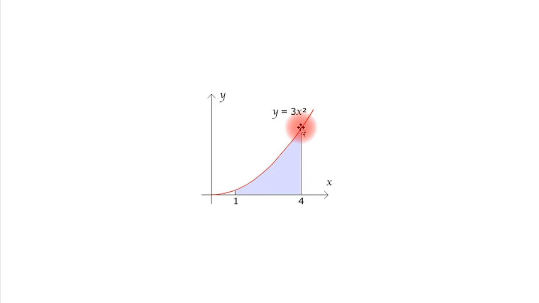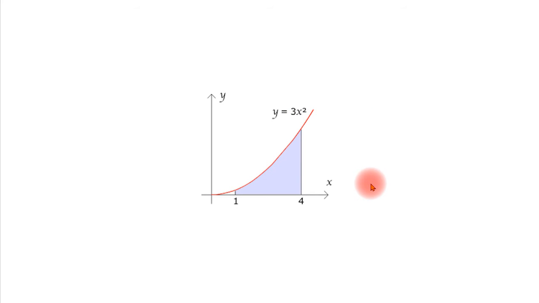This particular point corresponds to y equals 48 and this one corresponds to x equals 4. So in this graph, x ranges from 0 to 4 and beyond, and y ranges according to the equation y equals 3x square.